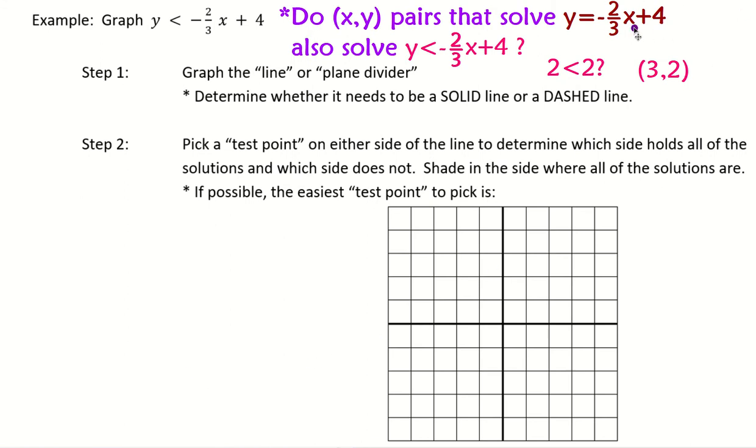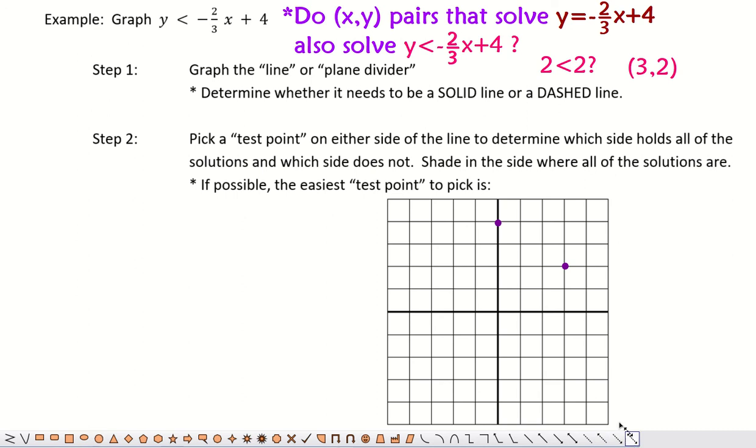Remember, y equals mx plus b. My b is 4, that's my y-intercept. And then my slope is negative 2/3, that's a rise of negative 2 and a run of positive 3. So I'll plot those two dots there. That's where my line is going to be.